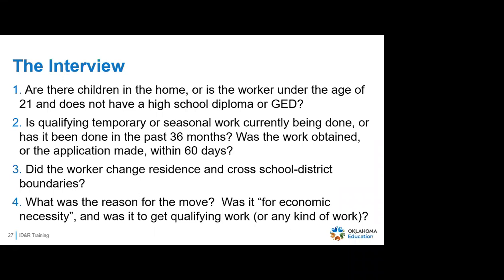Did the worker change residence and cross school district boundaries? What was the reason for the move? Was it for economic necessity? And was it to get qualifying work or any kind of work? So these are some of the questions that you'd want to ask yourself as you're conducting the interview to see if they do or do not qualify for the Title I-C program.